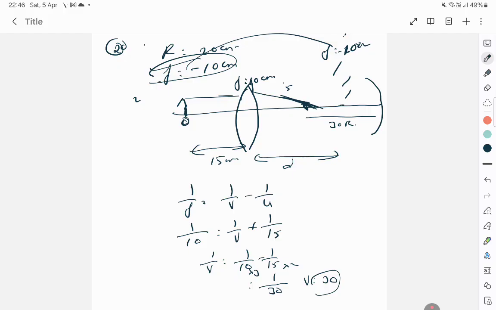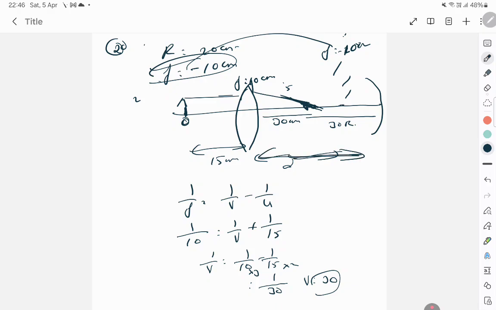I'll have to think about this once again. So can I say, since this distance is 30 centimeter, and let's assume that therefore this distance totally is D, right?